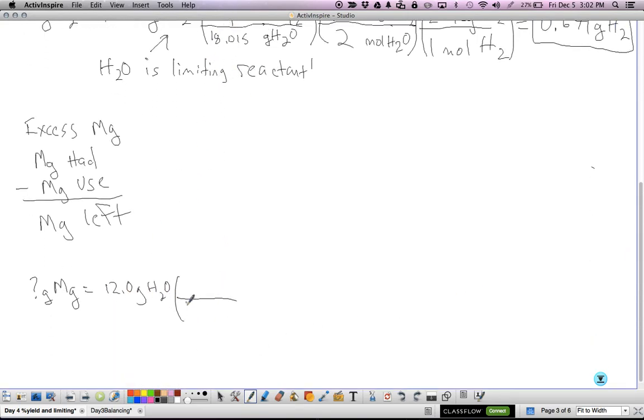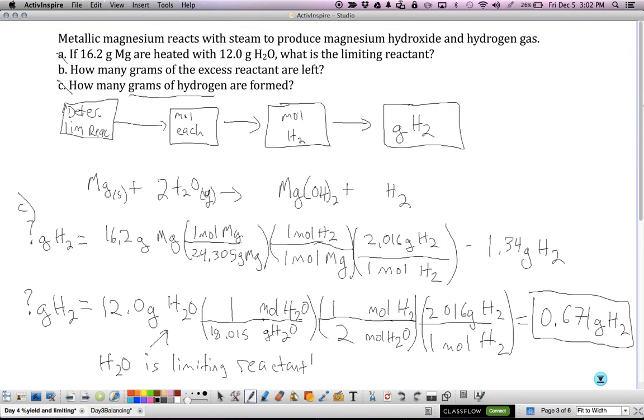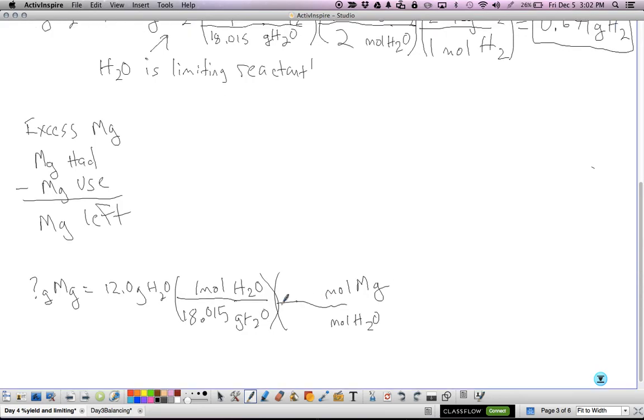For instance, I have the molar mass of water up there, 18.015 grams H2O and 1 mole H2O. Okay, I can go moles H2O to moles of magnesium. Okay, so now I need to go up to the balanced equation. 2 moles H2O to 1 mole magnesium.